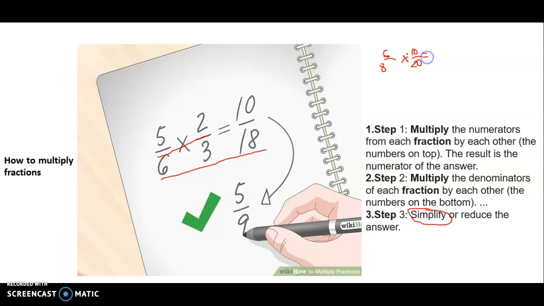So we go 6 times 10 is 60, and 8 times 20 is 160. So this simplifies to 6 over 16, which is the same as 3 over 8. So just a quick example.